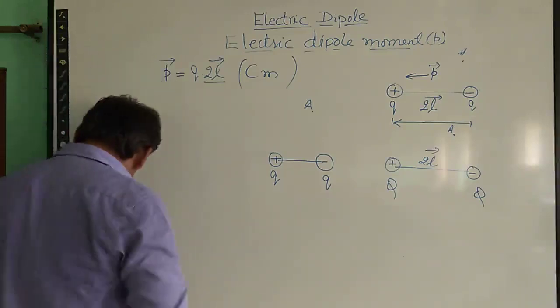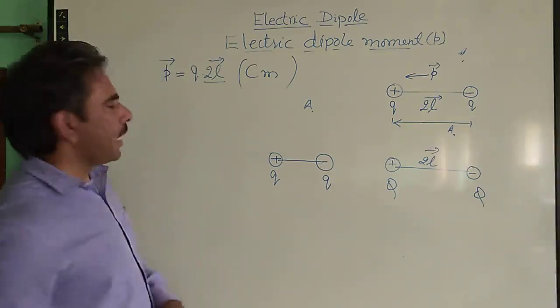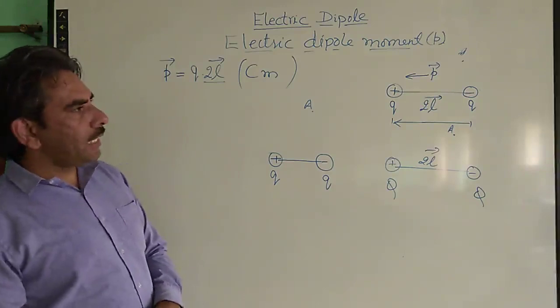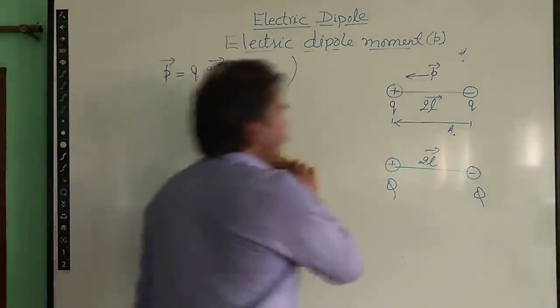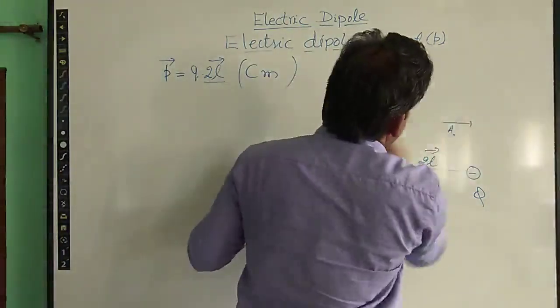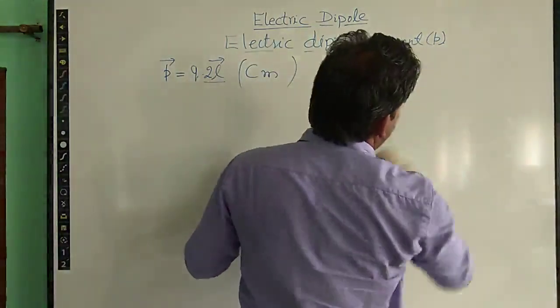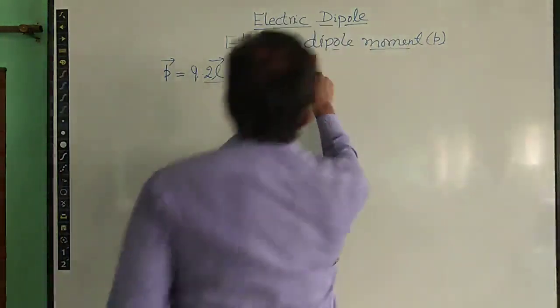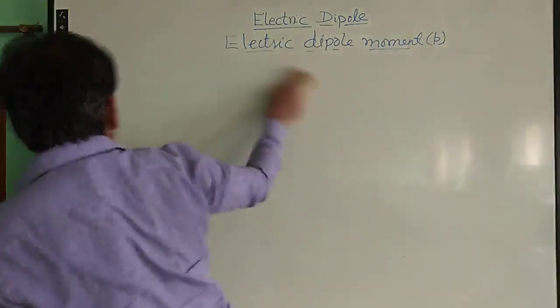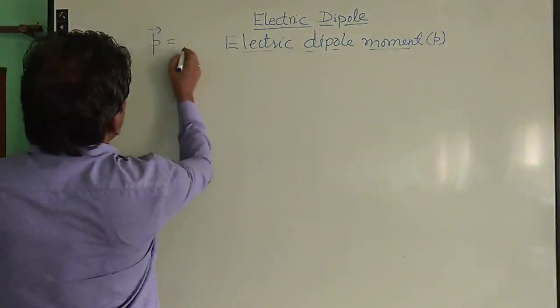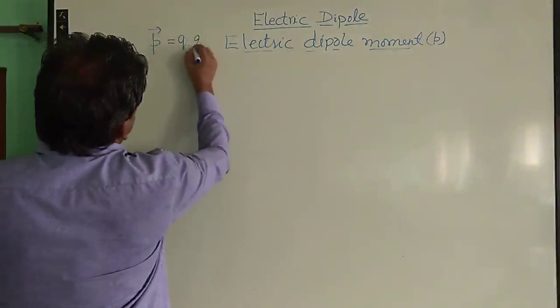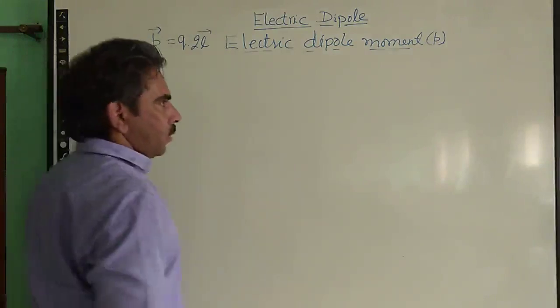Now we try to find the electric field due to an electric dipole at different points. For the first case, we will find the electric field due to an electric dipole at the axial line of the electric dipole.